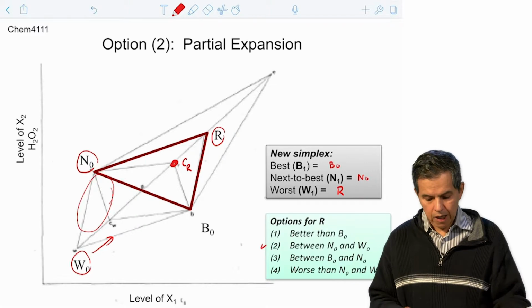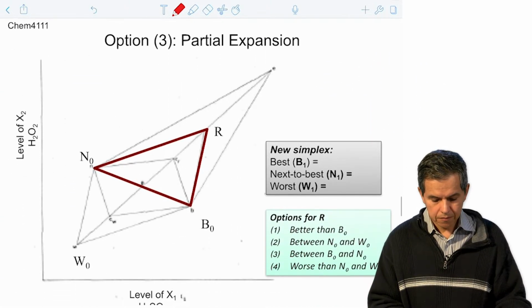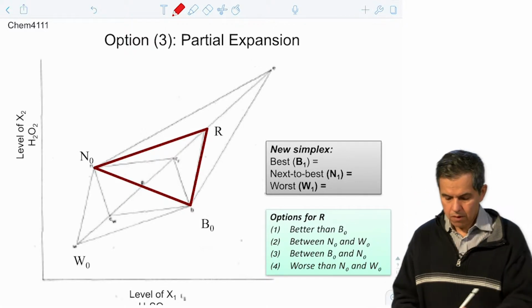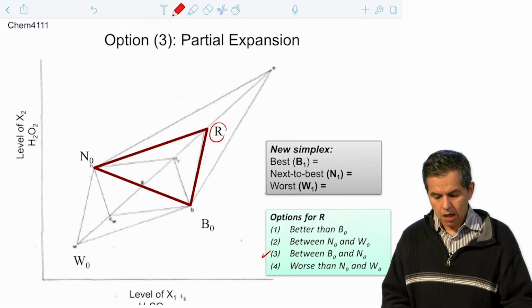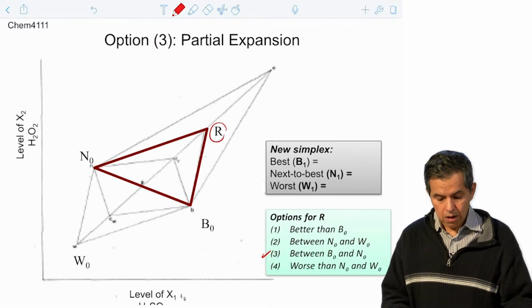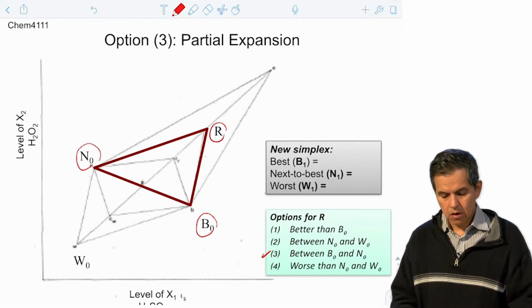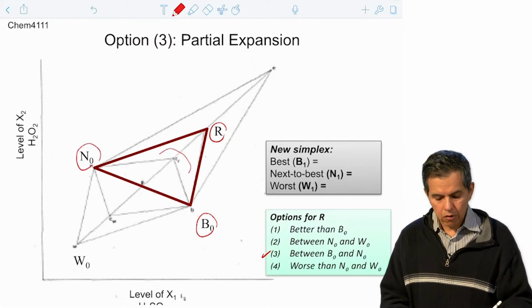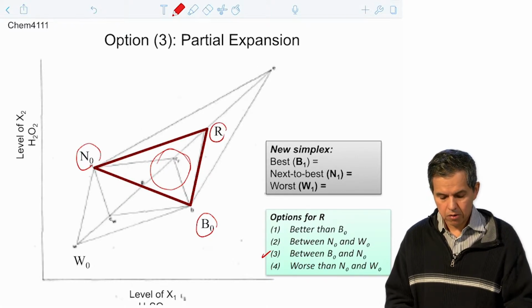So now let's go to the next condition. Let's imagine that we did the measurement at the R point, and the absorbance that we read is between the best and the next to best. So we still would like to select a point in this particular region.